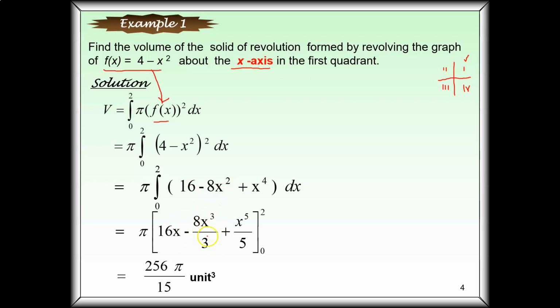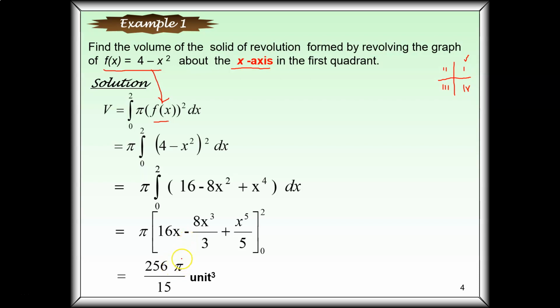x cubed over 3, because we always divide by the new power, and then plus, integrate x to the power of 4, you get x to the power of 5 over 5. Then you're going to substitute with 0 until 2. So you substitute the x value with 2 first, then only you substitute with 0.